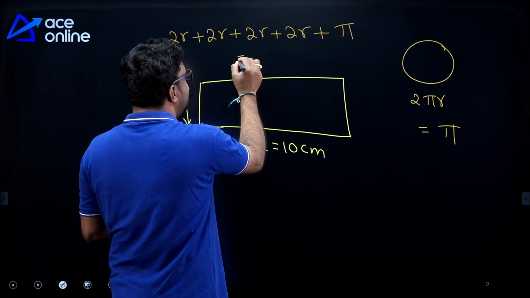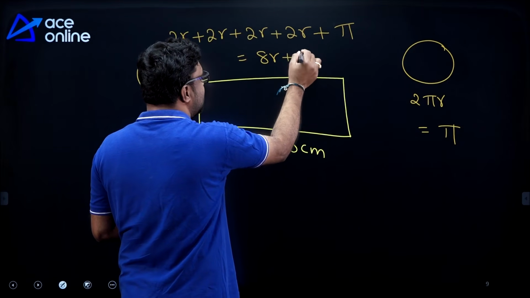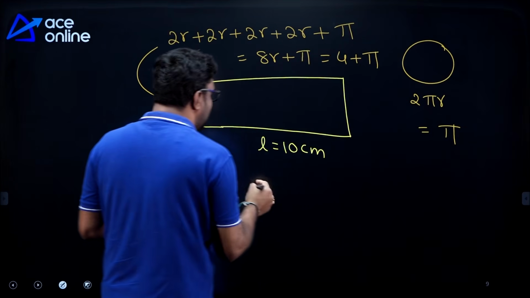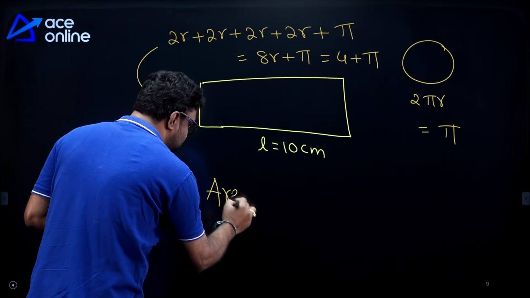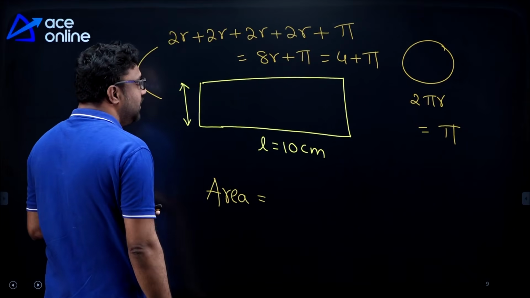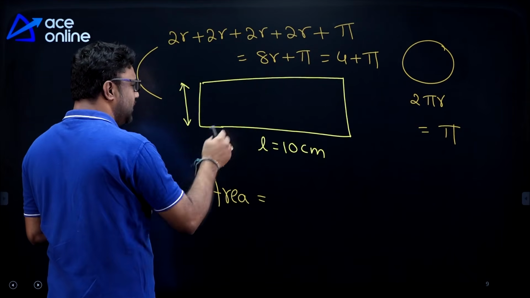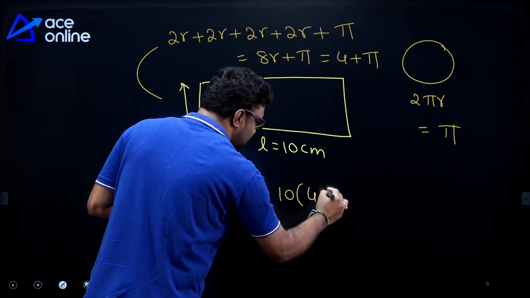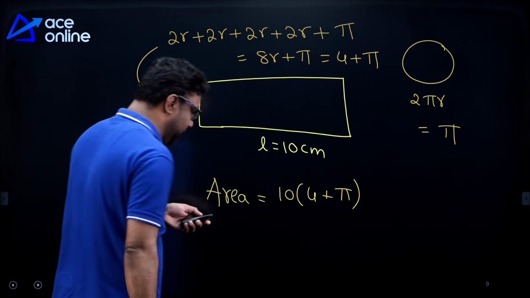So this is 8r plus pi, where r is 0.5, so 4 plus pi. Now what is the area of this tape? Area is length into breadth. So we have 10 into 4 plus pi.